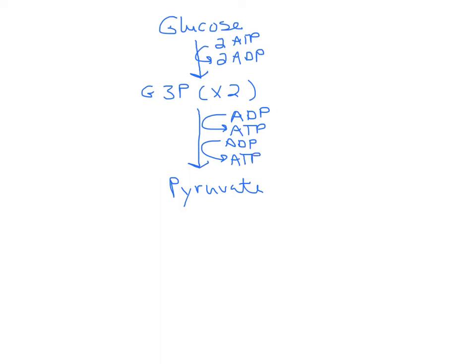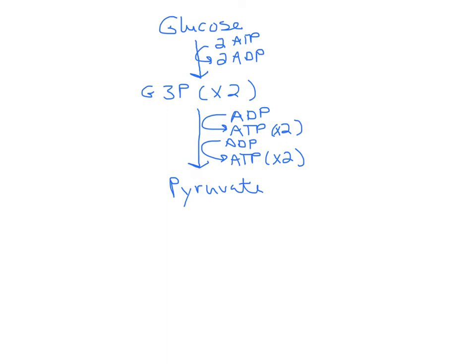So remember that because we have 2 molecules of glyceraldehyde 3-phosphate, we're going through this twice. And so therefore, you actually get a multiplier here, times 2, because, like I said, you're going through this twice per molecule of glucose.